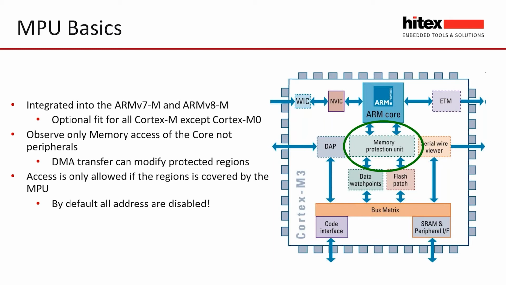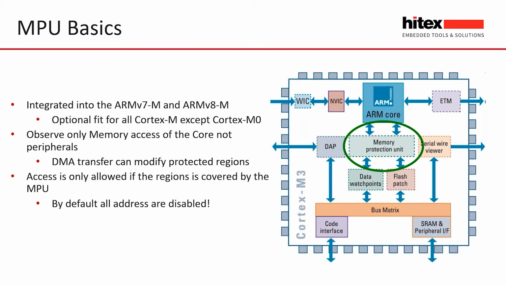So we can grant execution or read-write access, or privileged and unprivileged access. So again, we can split the chip up, and as our code runs, if it accesses a region that it's not allowed to, an exception will be generated.